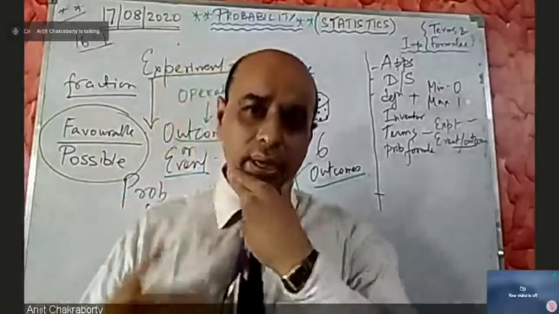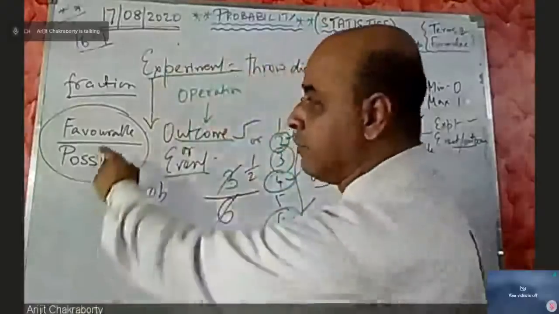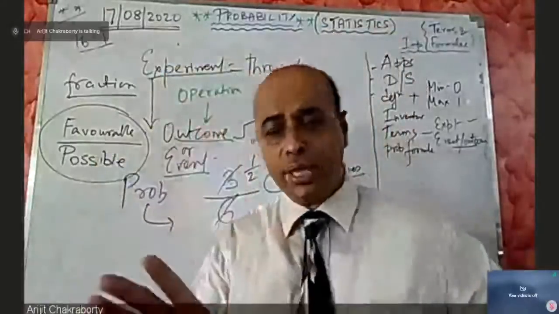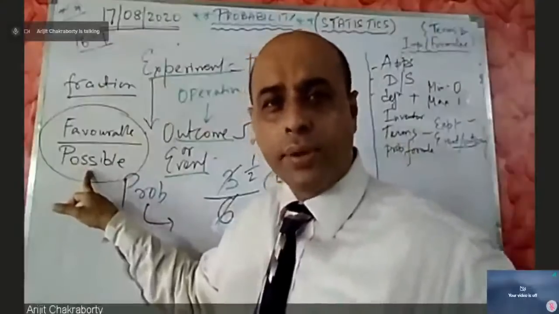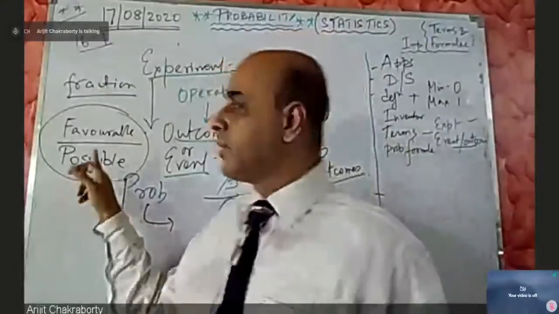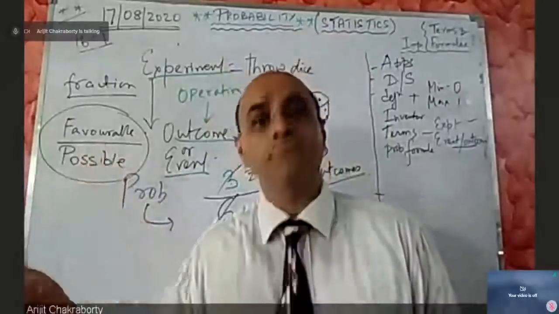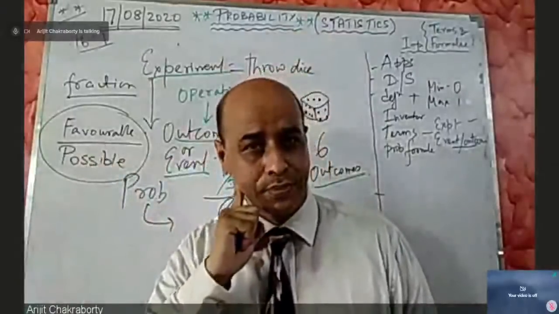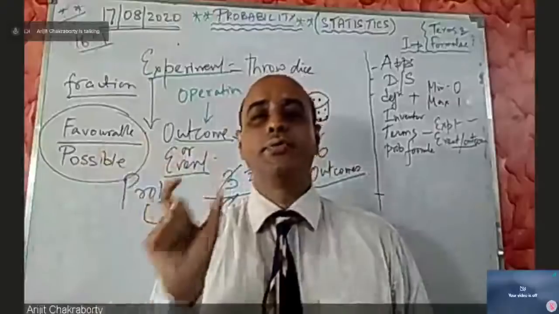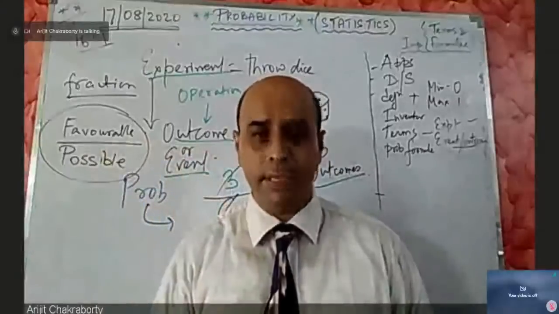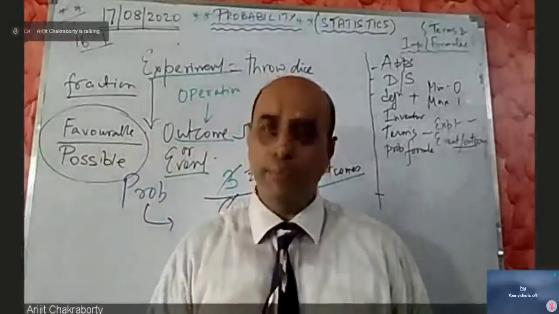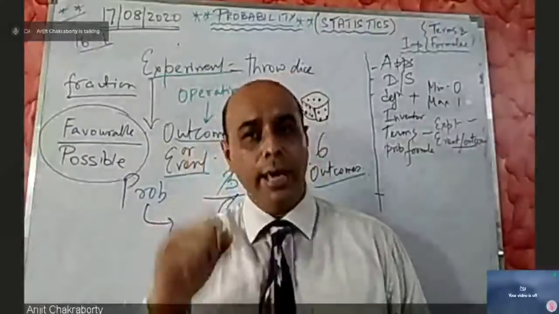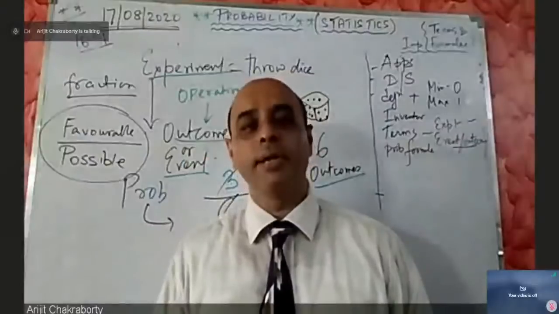So everywhere there are some outcomes, and probability means the ratio, the fraction, where the denominator gives you the number of possible cases and the numerator gives you the number of favorable cases. Favorable cases divided by possible cases gives you the probability, and the probability's maximum value can be 1 and the minimum value can be 0.